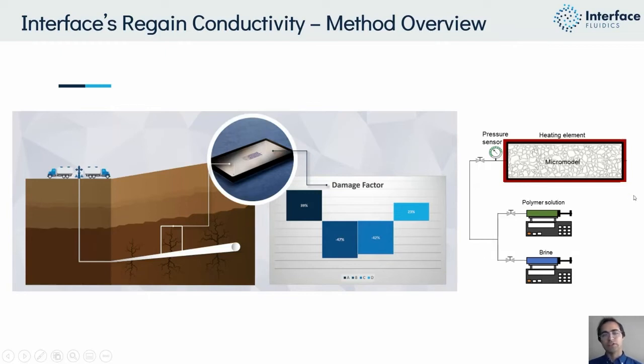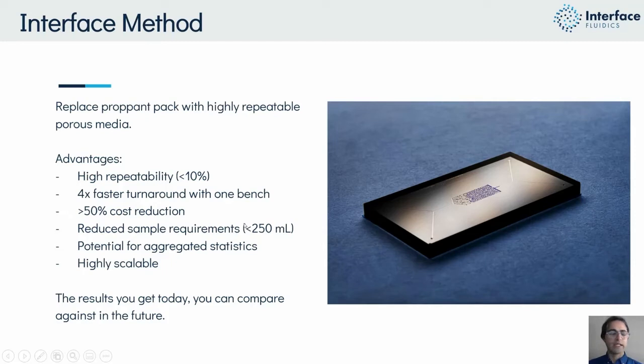So we design an analog that replicates just the frac zone, in terms of the porosity and permeability. And all the advantages that we had previously apply here. Very repeatable, much faster, significant reduction in the cost, and scalable, little amount of volume.